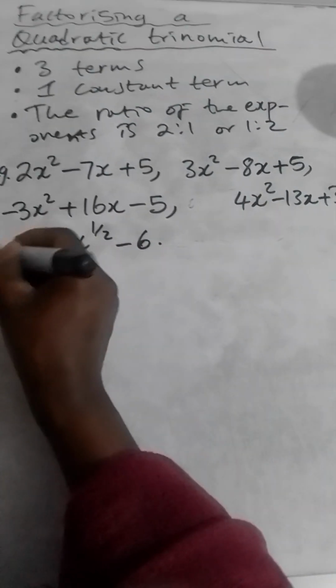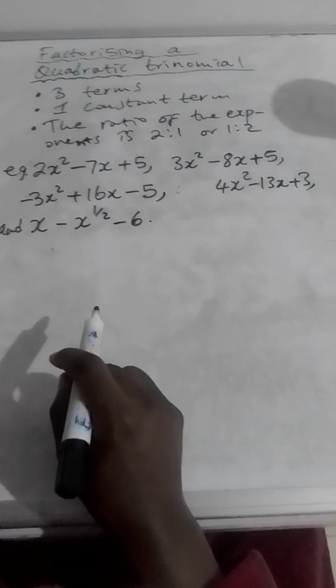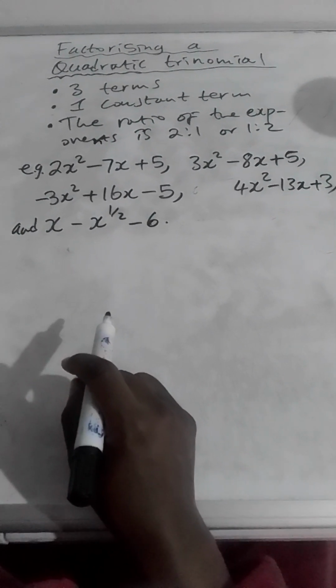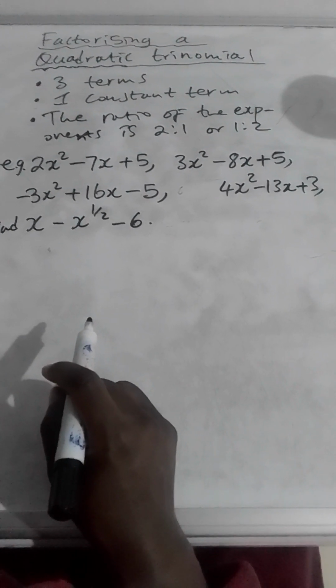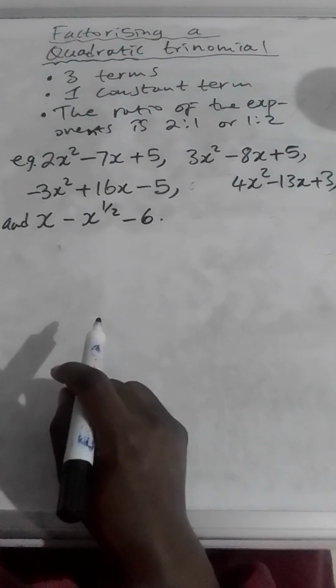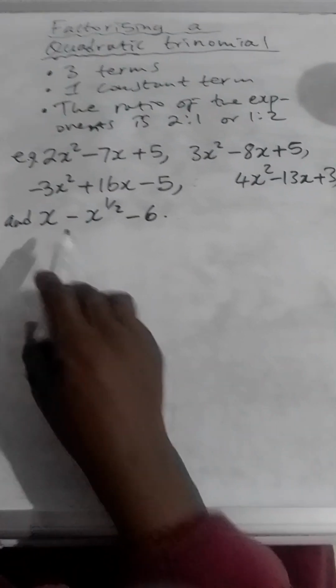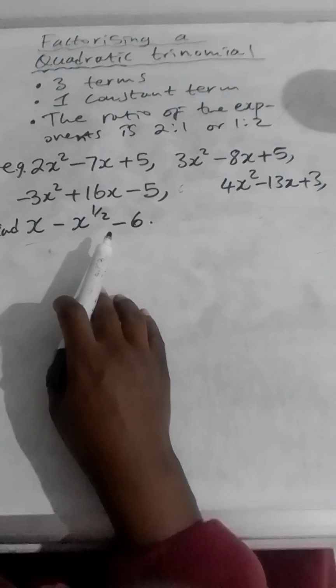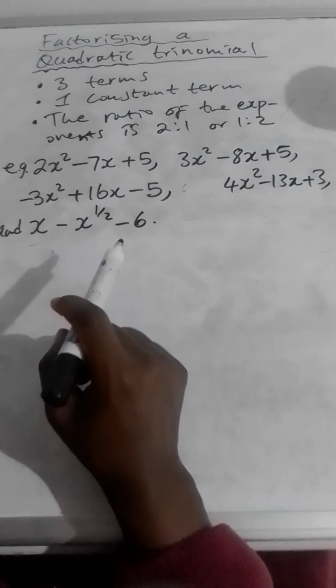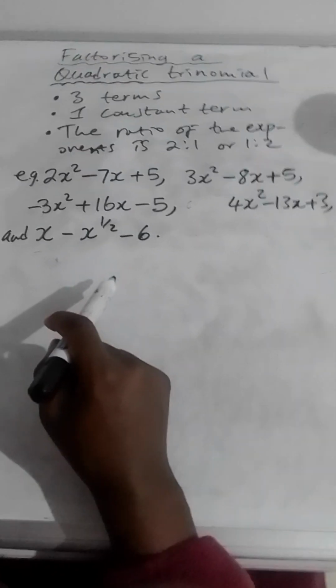Those are examples of the quadratic trinomials you can meet in grade 10 and 11, basically. The last one is involving what we call surds, the square roots of non-perfect squares.